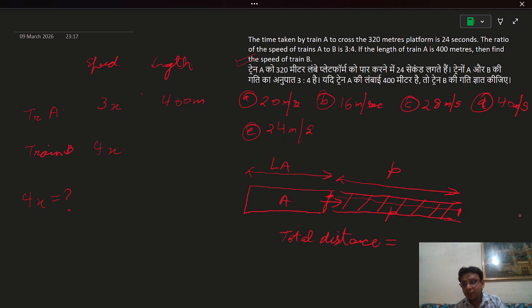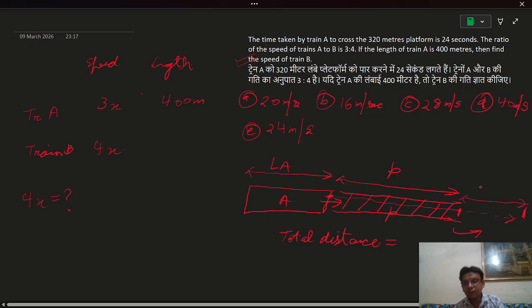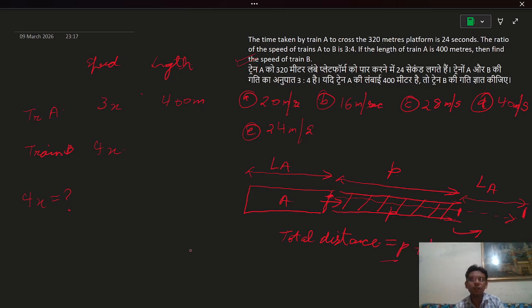When this point comes here, the entire train will move away from the platform. So this point further traveled LA distance. So what will be the total distance it will travel? P plus LA, that is the length of the platform plus the length of the train.